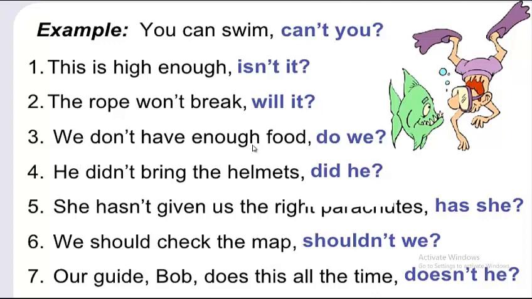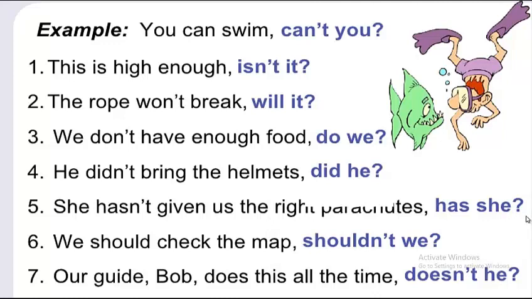We don't have enough food. Don't, do, we. He didn't bring the helmets. Didn't, negative. Did, affirmative. He hasn't given us the right.